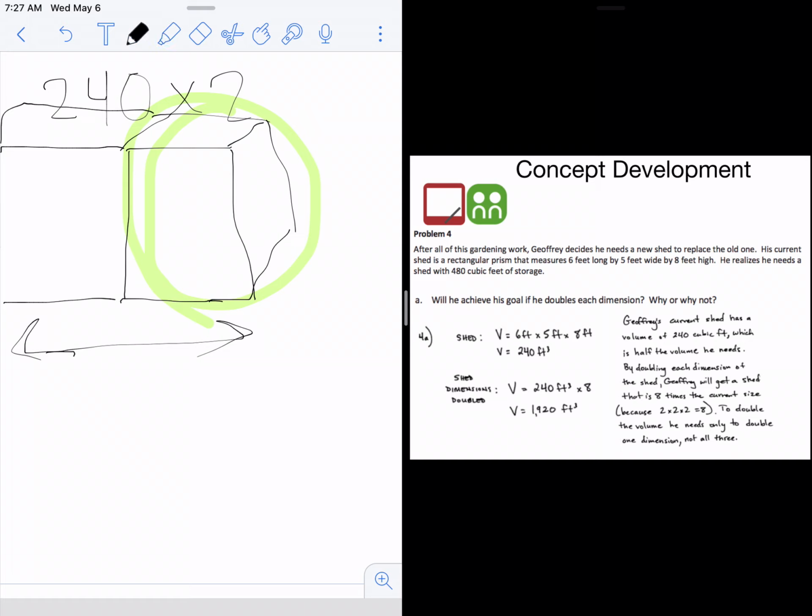So all he did was he took the length, which was 6 feet, and now our length is 12 feet. So now we have 12 times 5 times 8.